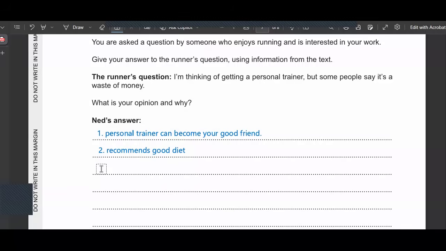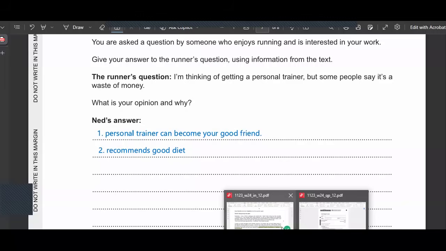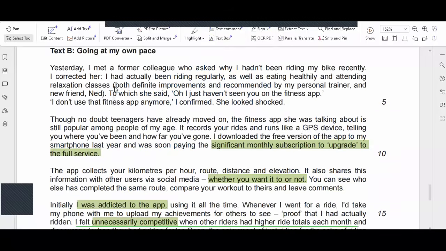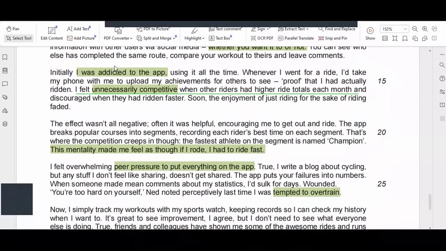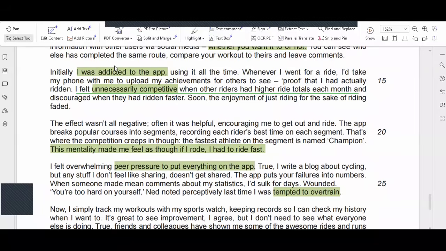Or the idea that you can use from the text is basically the perspective, like in the text, they talk about the idea of being overtrained. So usually, if you have a personal trainer in your gym, they will stop you if you are getting overtrained, right?